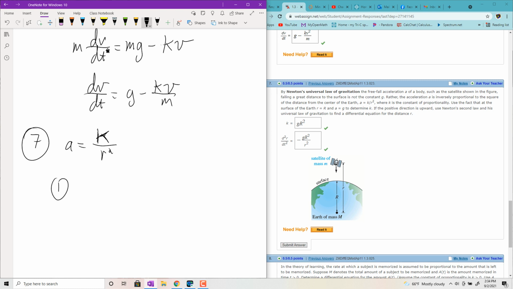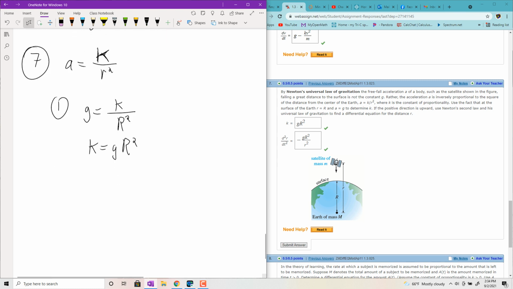So a is g, and little r on the surface of Earth is big R. So we can solve for k, that'll equal g R squared. So just don't overthink this. I'm an overthinker.